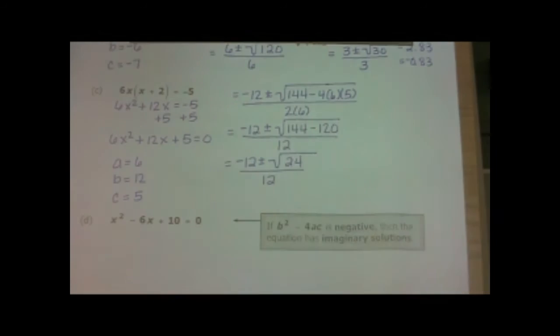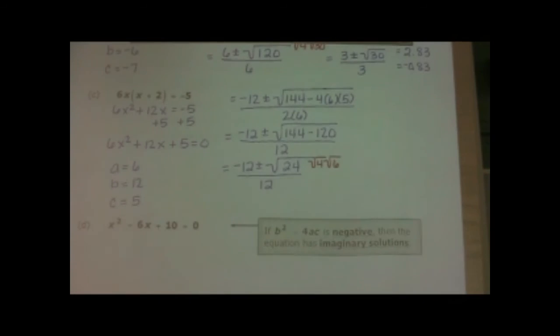We have negative 12 plus or minus the square root of 144 minus 120 is 24 all over 12. And we need to simplify the square root of 24. And what goes into 24 is 4. So this is the square root of 4 times the square root of 6.